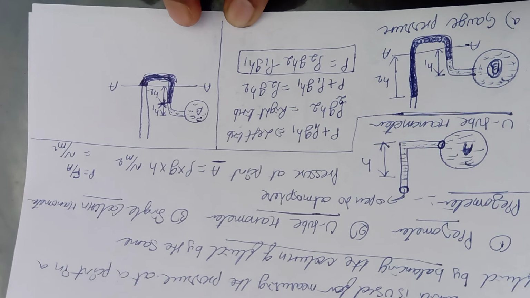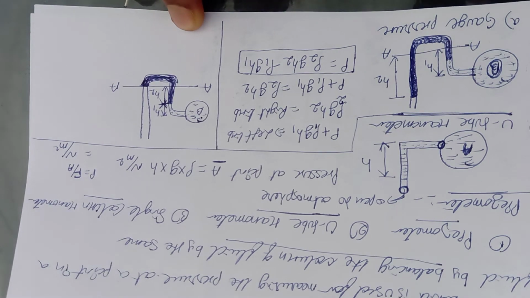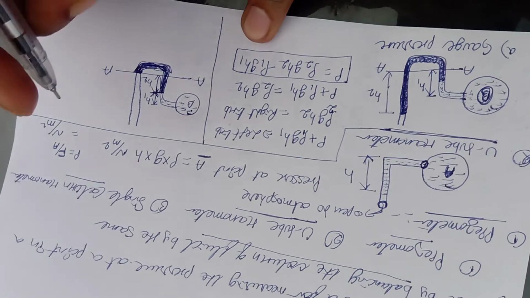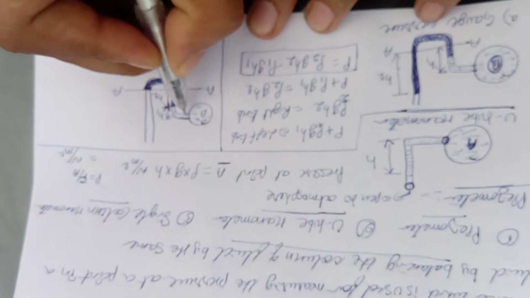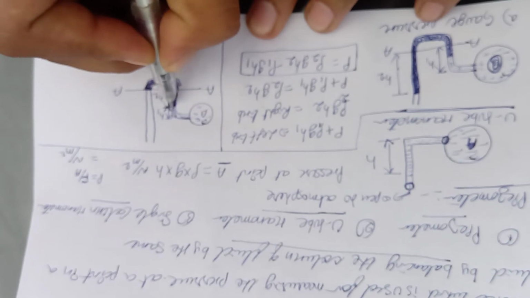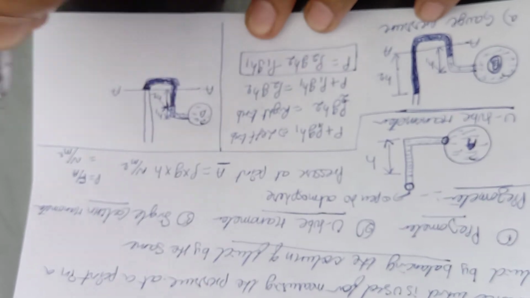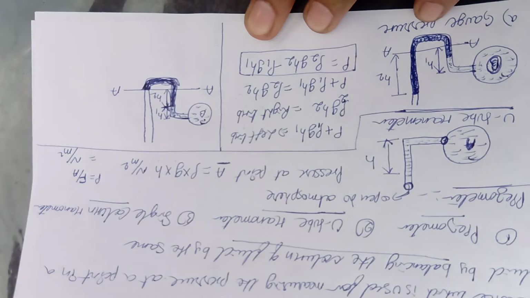Check what H1 and H2 are. H1 is the rise or fall of the liquid. If this is my liquid, water will surely come here. This is my water, that is H1, and that is H2. You should have no doubt.